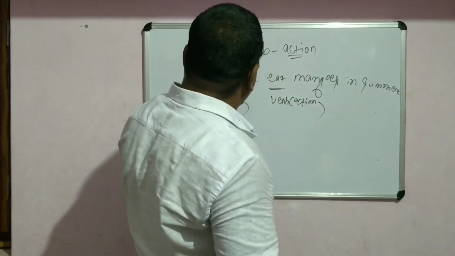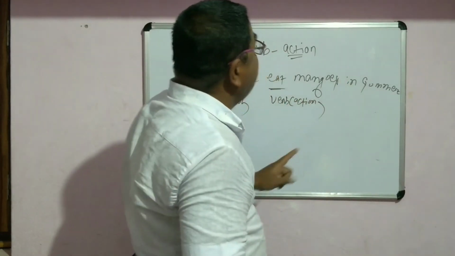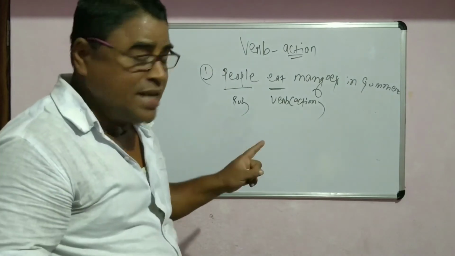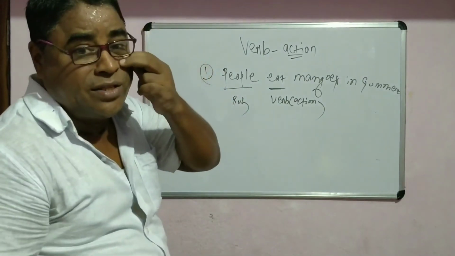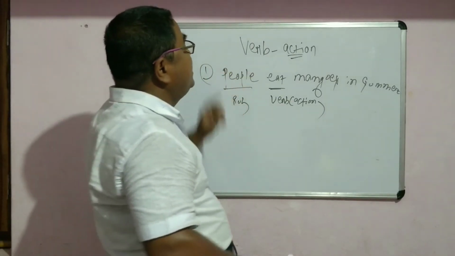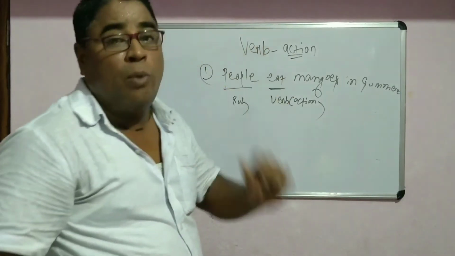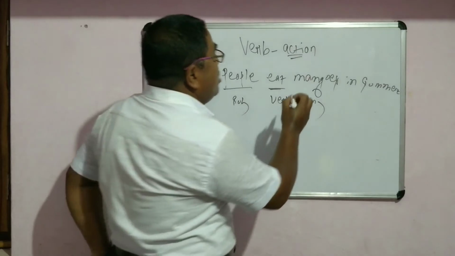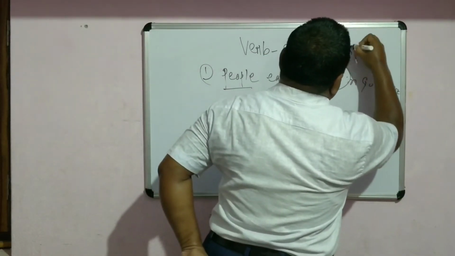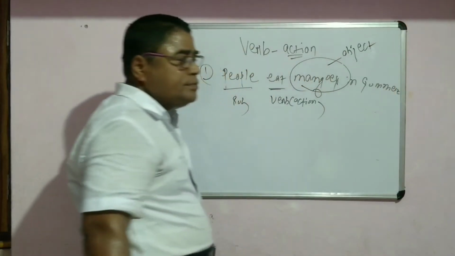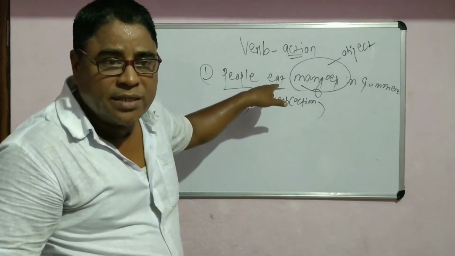If I simply say people eat in summer, the sentence is grammatically incomplete because there is no particular sense of meaning in the sentence. So to fulfill the meaning of the sentence, we need another word. And this particular word is called mangoes. Here mangoes is called the object. How do you find the object?